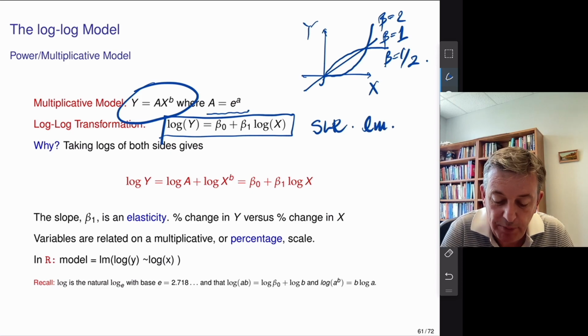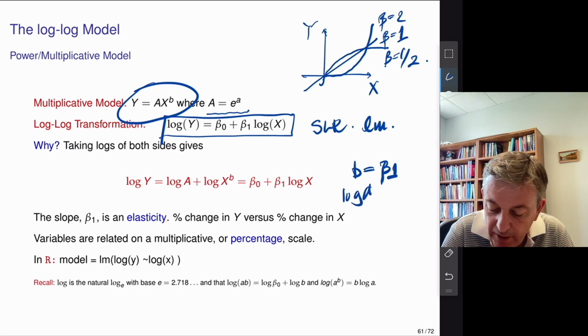Now, if I look at this top equation and take logs, I get log y is log a plus log x to the b. And the b pops down out front, and I've got to match up with my model above. And so in matching up, I realize that b is equal to beta 1, and I realize that log a is equal to beta 0.